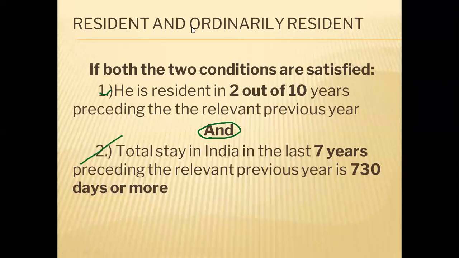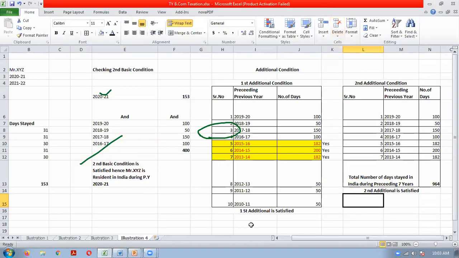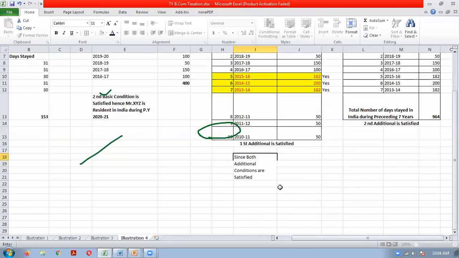Therefore, since both the additional conditions are satisfied, Mr. XYZ is an ordinarily resident in India.